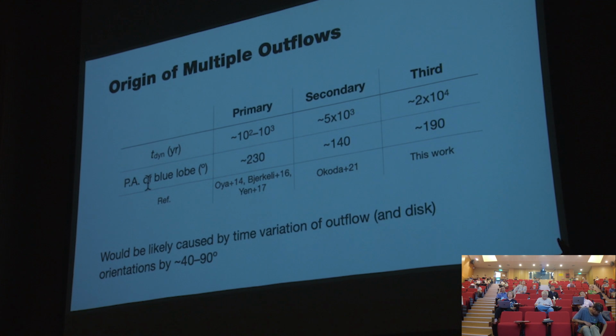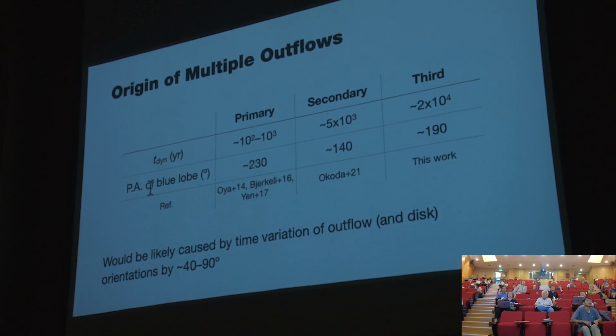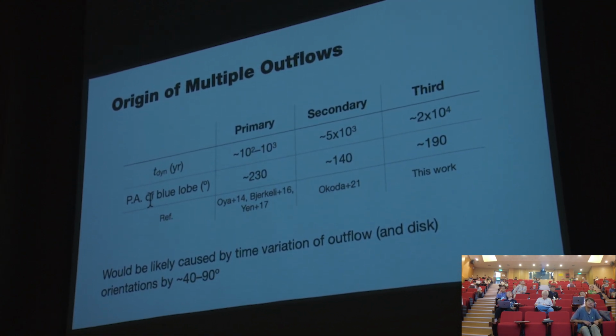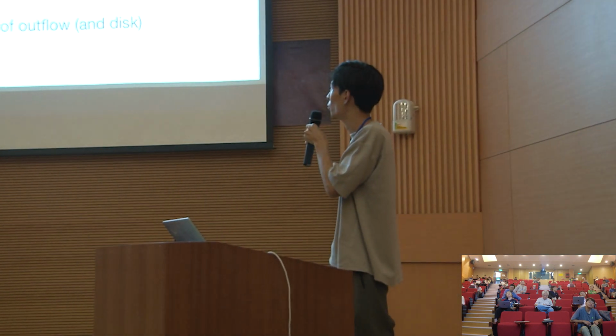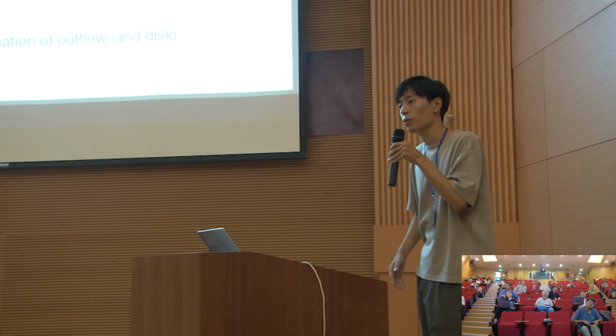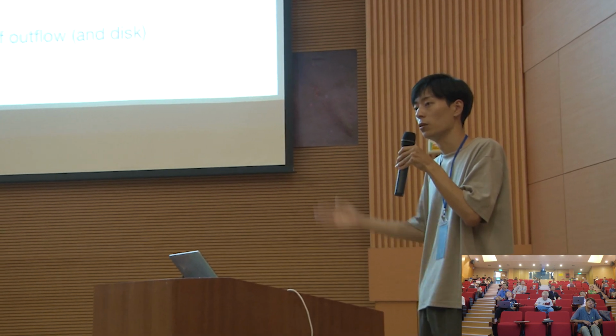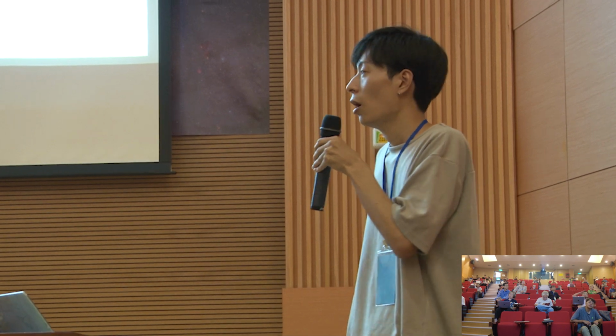The difference in dynamical time scale between the primary and third outflow is like 10^4 years, so it could be the time scale of dynamical change of the outflow direction.